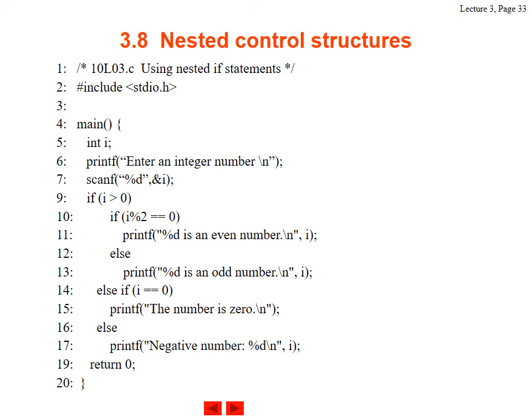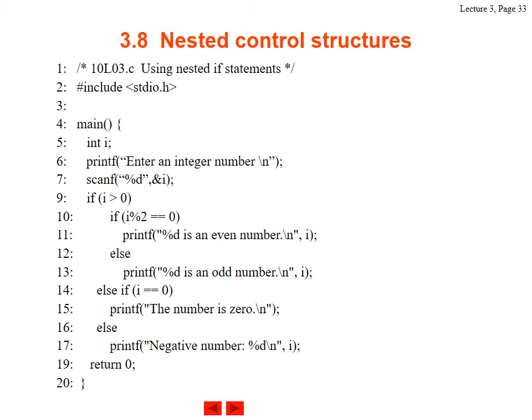If i is greater than 0, let's say it's true, and if i modulo 2 is equal to 0, that means if i is divided by 2 and does not leave a remainder, then you print is an even number. So if the first condition is true, you go to the next statement. If this is false, it jumps to the else statement, right?